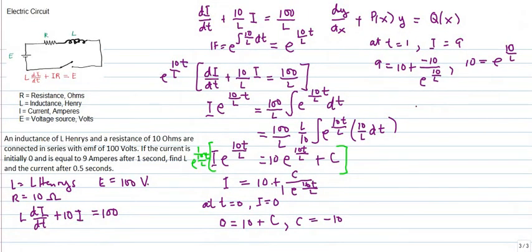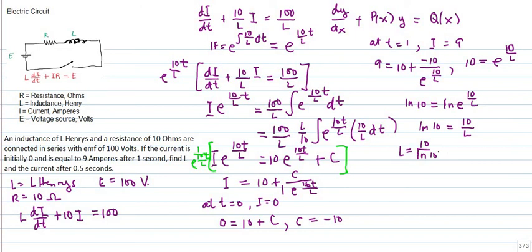When we apply ln to both sides, this becomes ln of 10, which is equivalent to the natural logarithm of e raised to 10 over L. So ln of e raised to 10 over L is equivalent to 10 over L. So we have ln of 10 equals 10 over L. So to find L, L is equivalent to 10 over ln of 10.